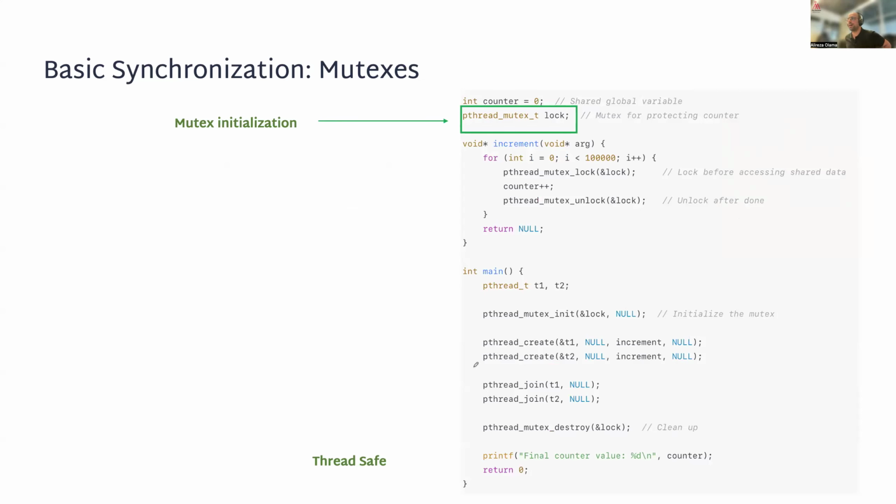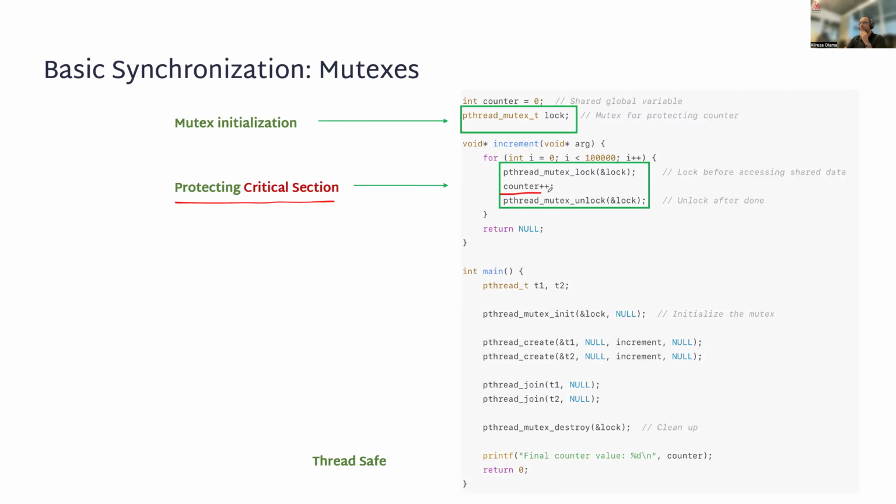Okay. So let's see how we can solve this problem. As I mentioned, we have to initialize your mutex lock. You can do it with this pthread_mutex_t. Here you are just declaring your lock. And in the critical section, you want to protect it using the lock.